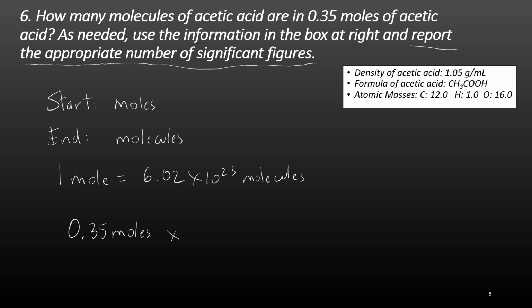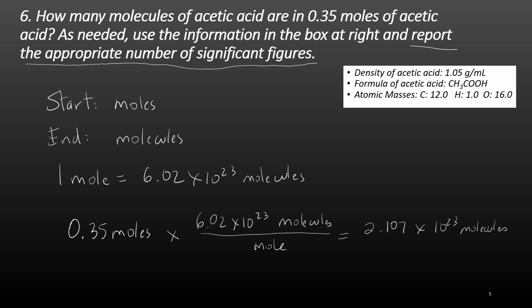We multiply that by our conversion factor, which is going to be 6.02 times 10 to the 23rd molecules per mole. And we do the math and we get 2.107 times 10 to the 23rd molecules.